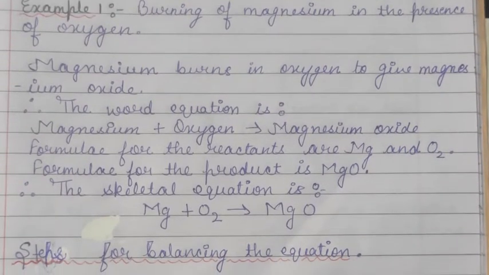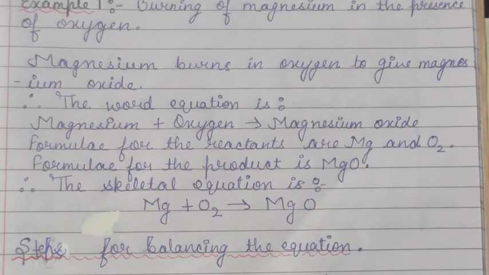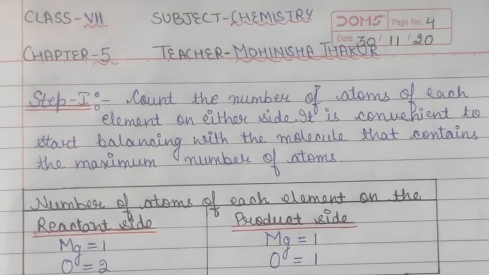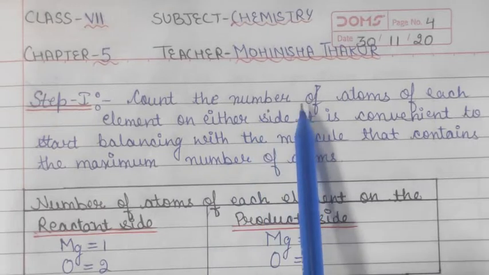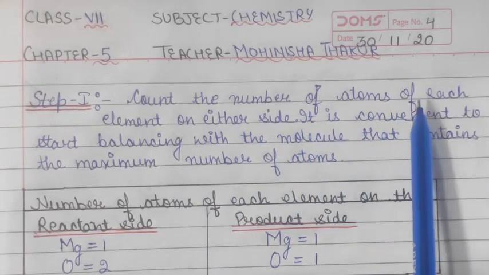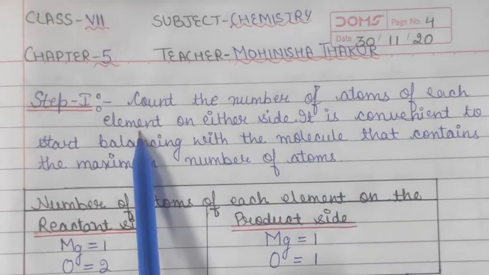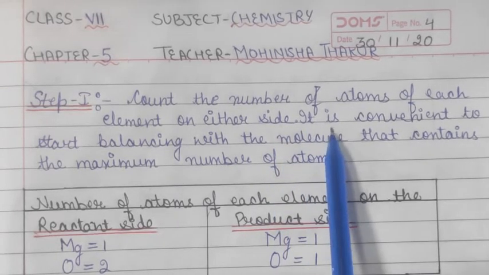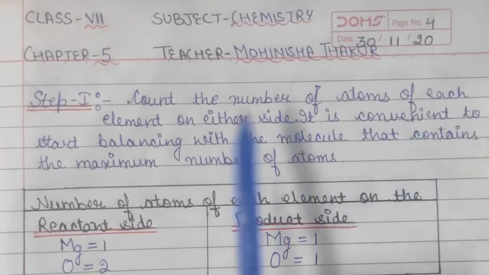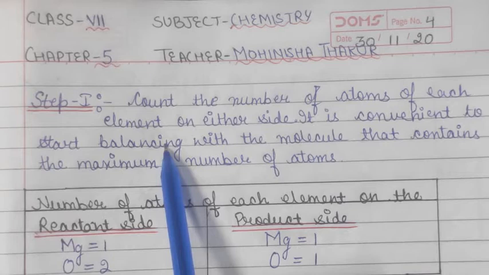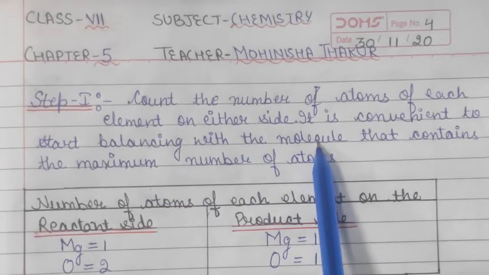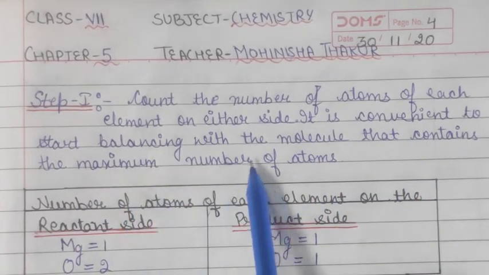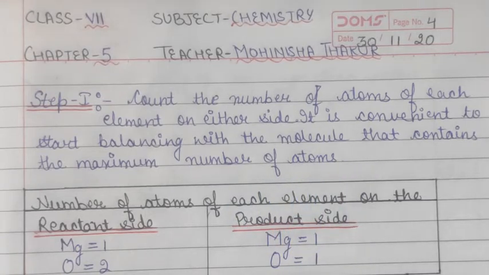Steps for balancing the equation. Step 1. Count the number of atoms of each element on either side. It is convenient to start balancing with the molecule that contains the maximum number of atoms.